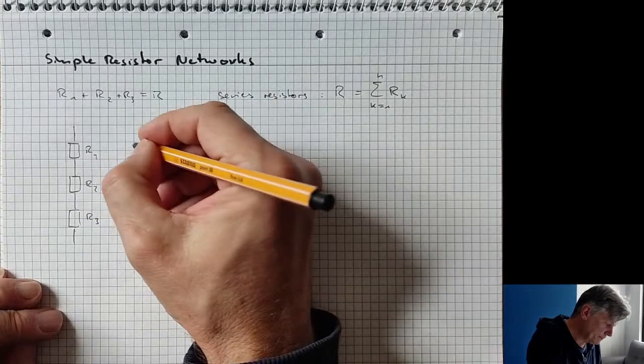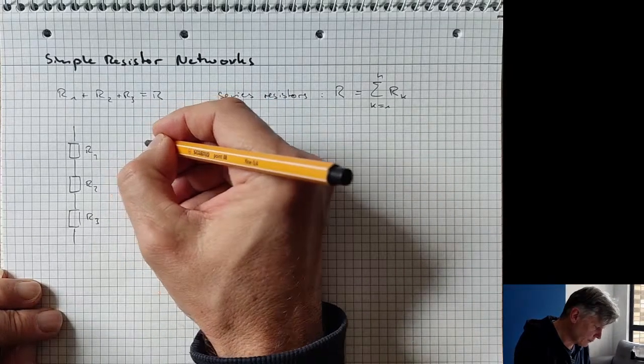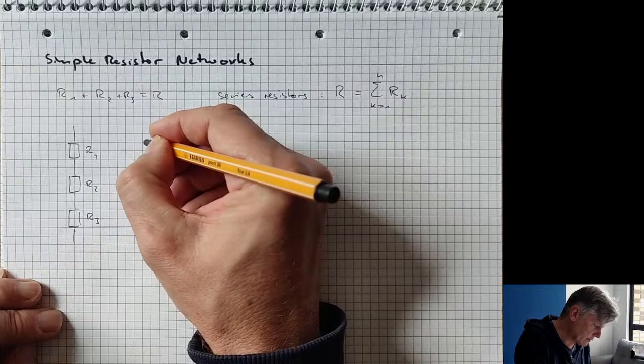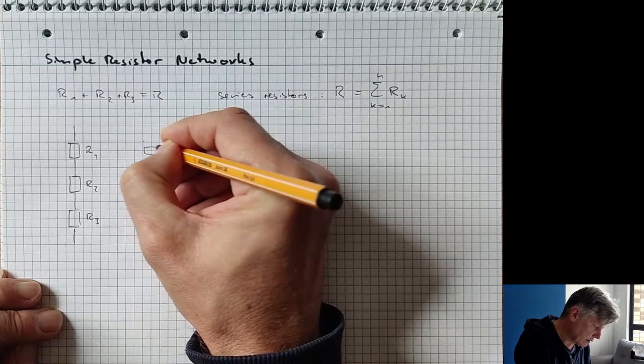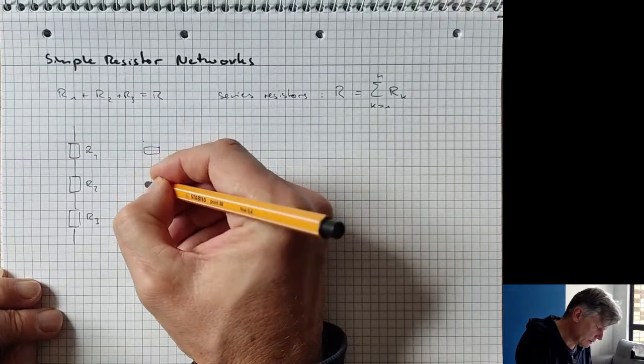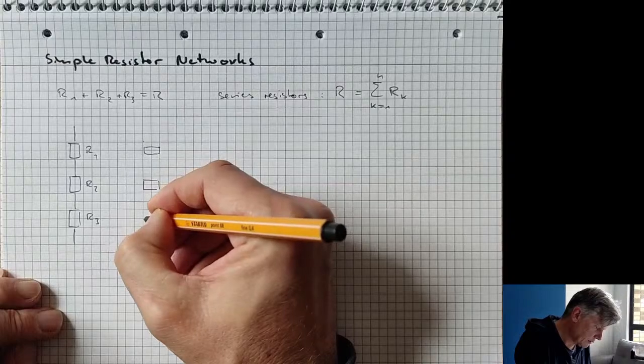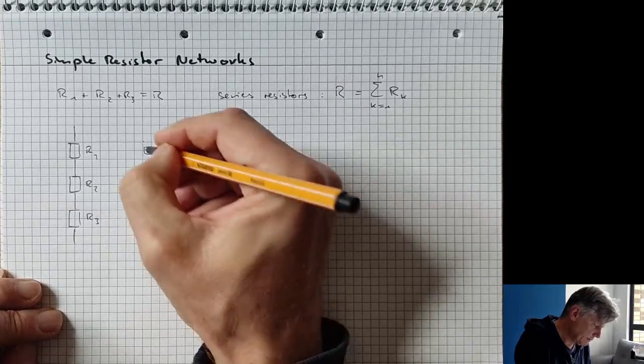In parallel, let's say we have parallel resistors, R1, R2, R3.